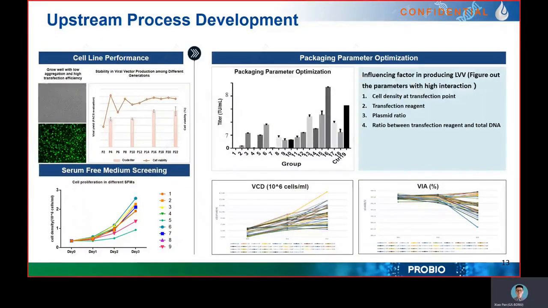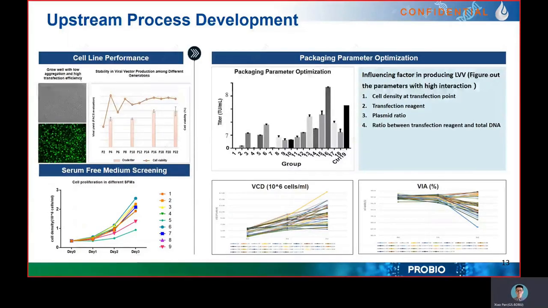In upstream process development, we first look at our cell line performance. It has to demonstrate good stability of the viral vector production; here we demonstrate up to 22 passages stability. Followed by that, we typically do a medium screening for the cell proliferation to support better cell growth.